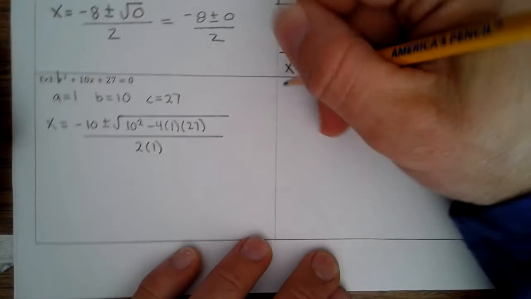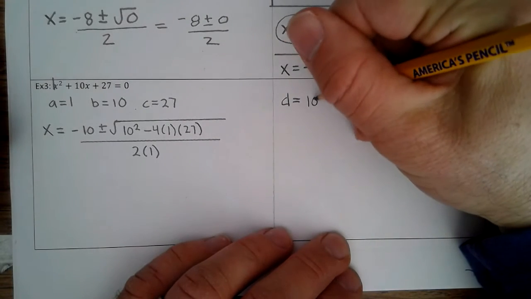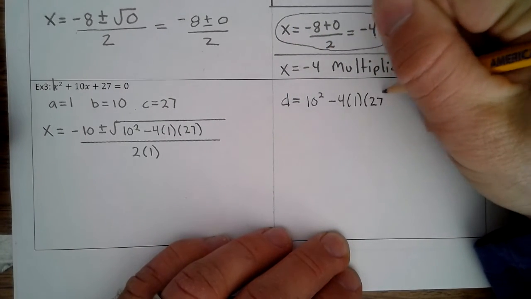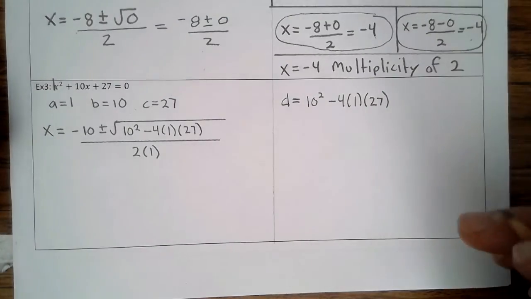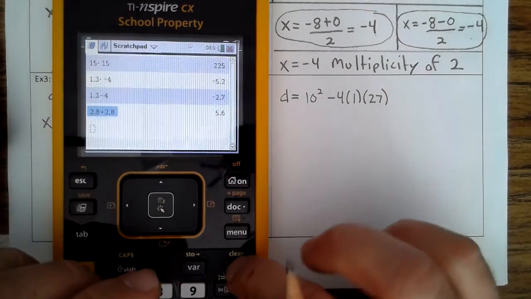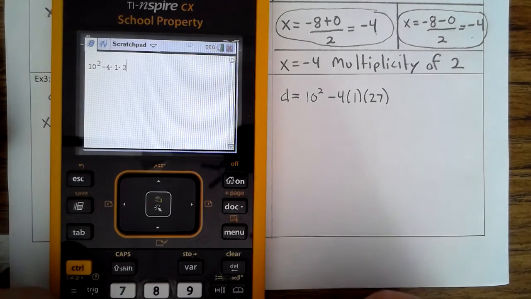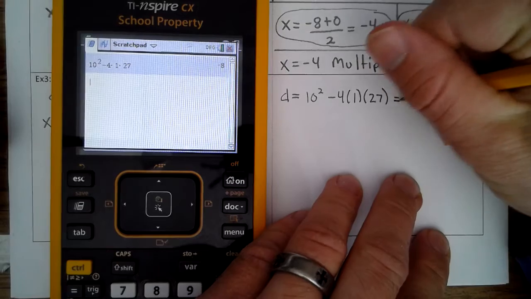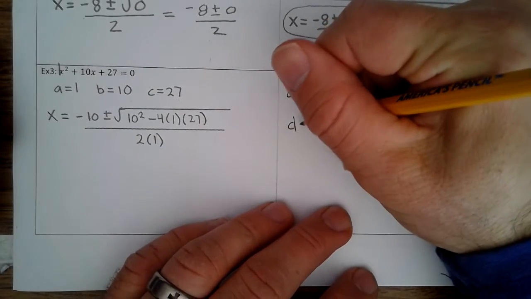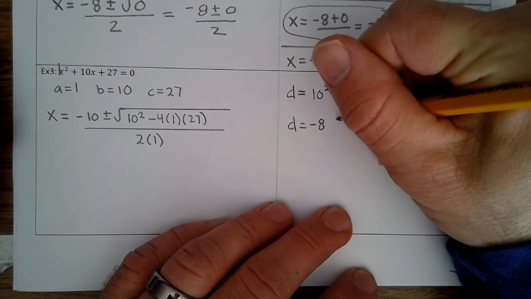At this point we find the discriminant. So d equals 10 squared minus 4 times 1 times 27. We can plug that into our calculator. 10 squared minus 4 times 1 times 27 is negative 8. In this case, the discriminant is equal to negative 8, which is less than 0.